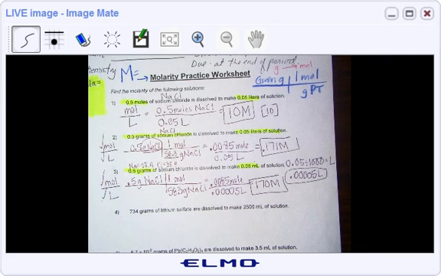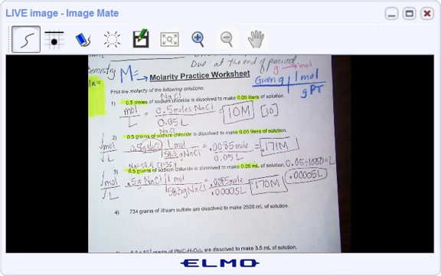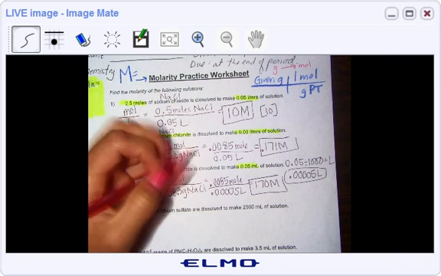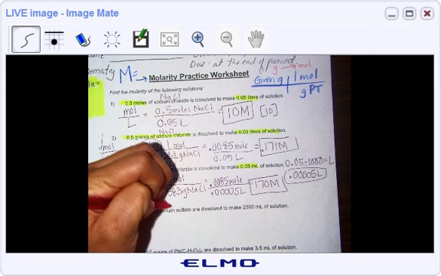Okay, so you know what you need. You have the formula. You're going to have to find moles and liters. You can go ahead and cross out number 6, which is at the bottom. Lithium sulfate, I'll just give you the formula.